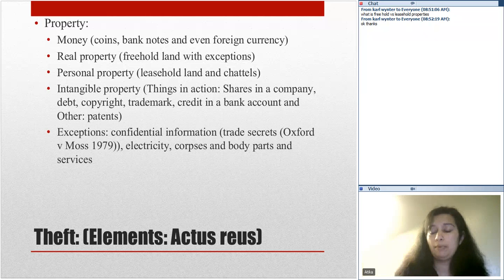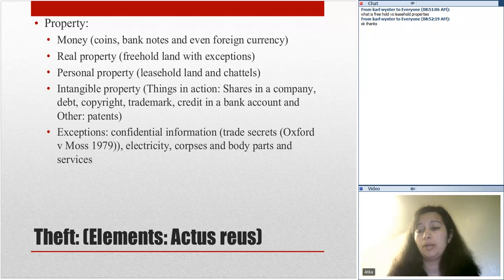So for example, for our school, SWBIL is our trademark name, and then our logo that you see in front or on our website and all that, that is what comes under trademark. A credit in a bank account and others. For example, there is a category of others, but no patent.